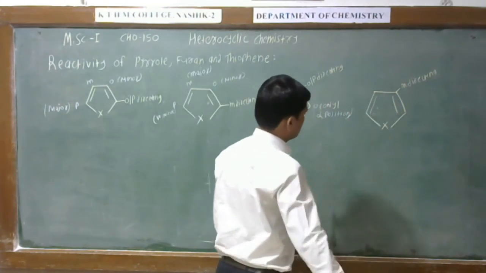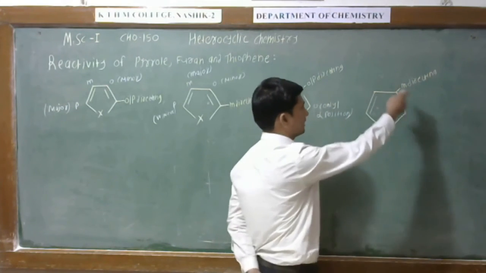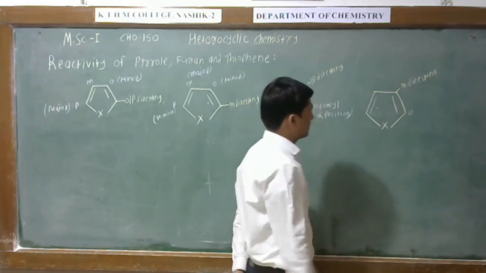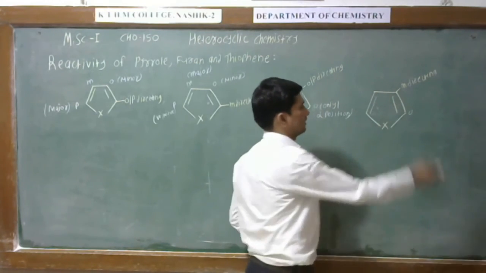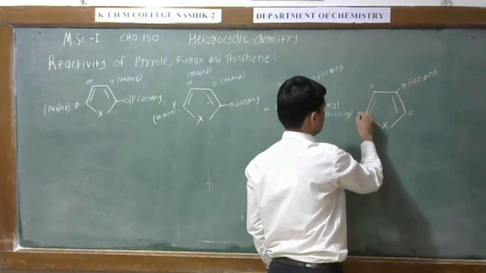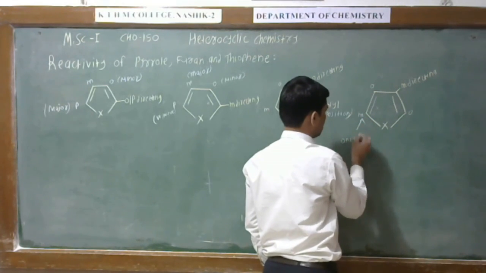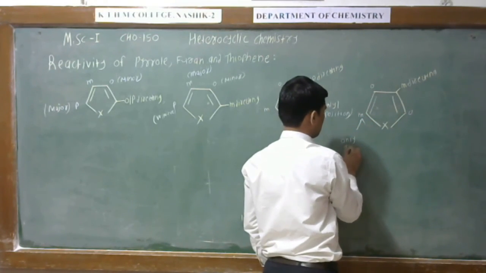This is another case. If a meta directing group is present on the beta position, then see, this is ortho, this is ortho, and this is meta. The substitution takes place only at the meta position.